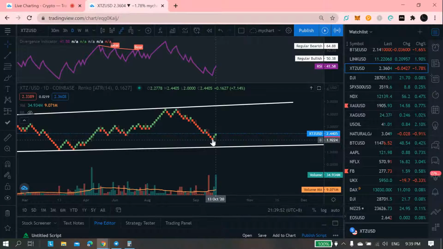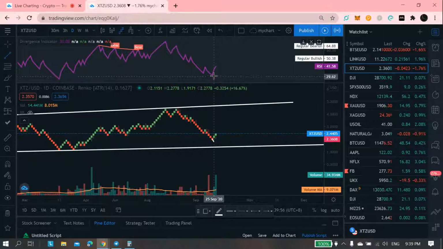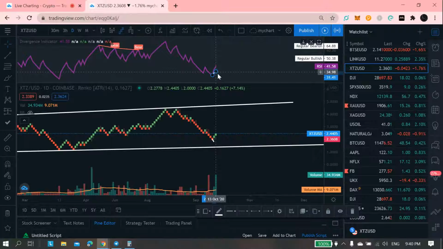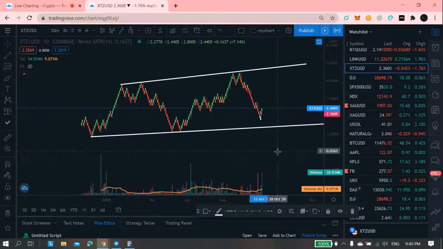That's actually going down, while the divergence indicator is going up. So that's a bullish divergence. So I entered a long position. Currently, if I'm not mistaken, around 700% ROE.